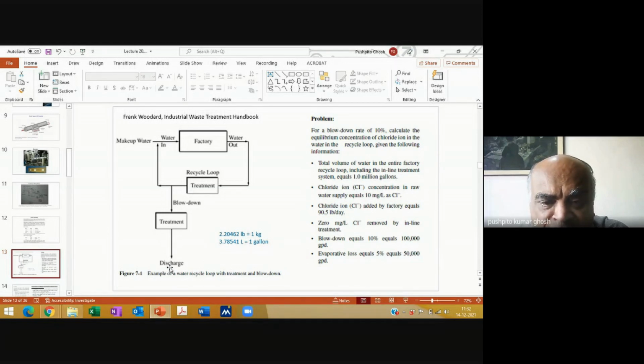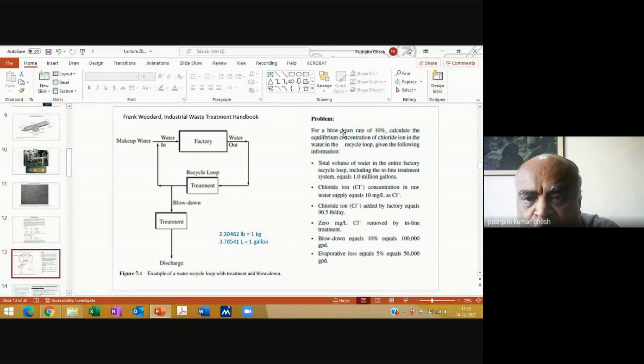That would be a discharge, and the process of throwing it away is typically referred to as blowdown. So I'm getting rid of it, and in turn, I'm topping up with fresh makeup water to compensate for the amount of water that I discharge. So I discharge water with a higher amount of chloride, and I'm making up with water with a lower amount of chloride, so that my overall chloride levels are acceptable.